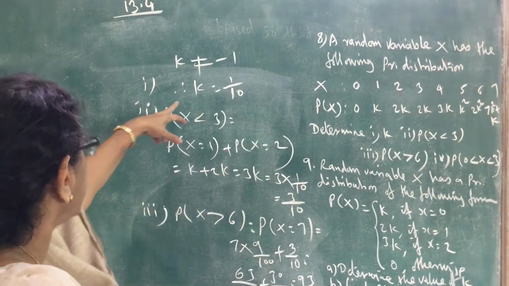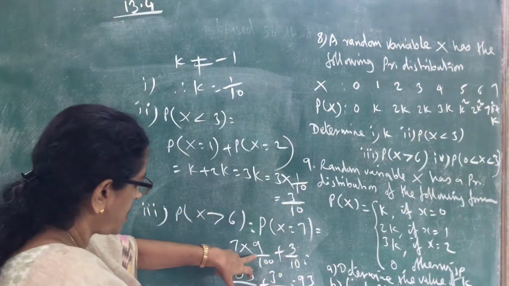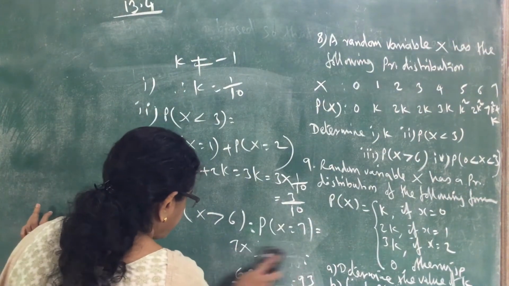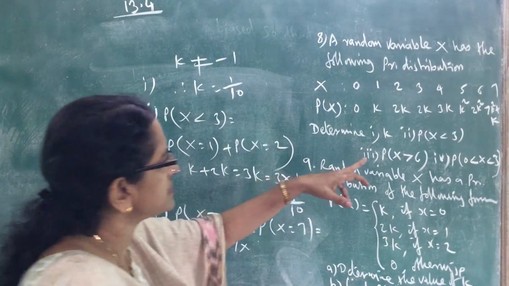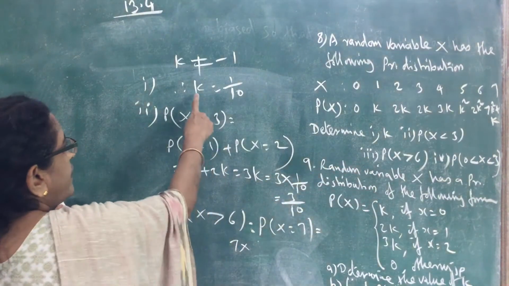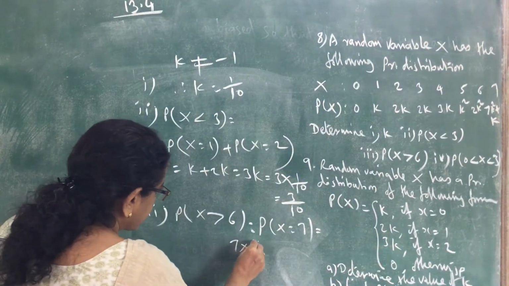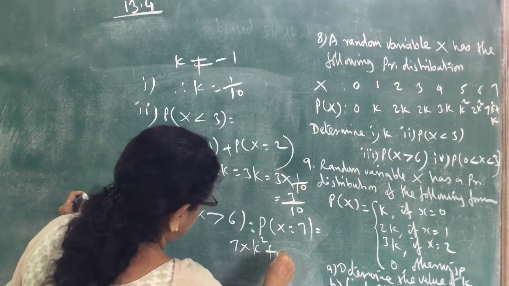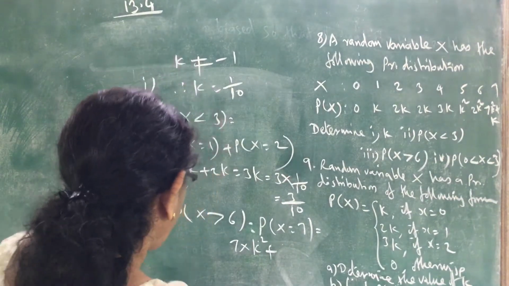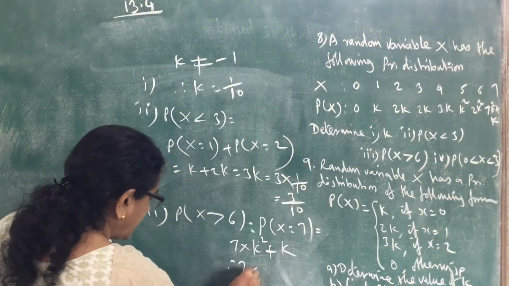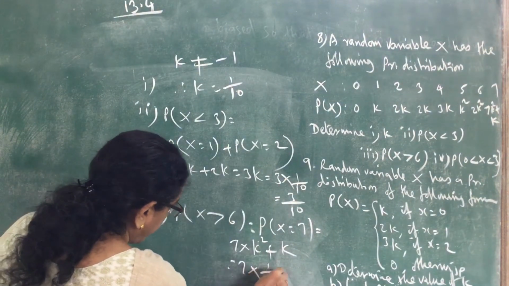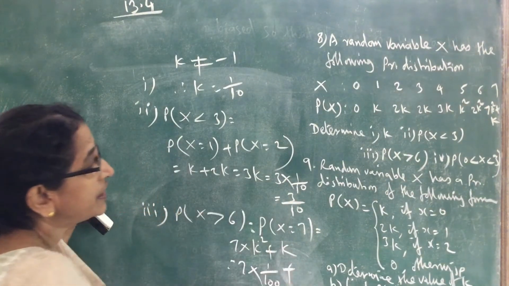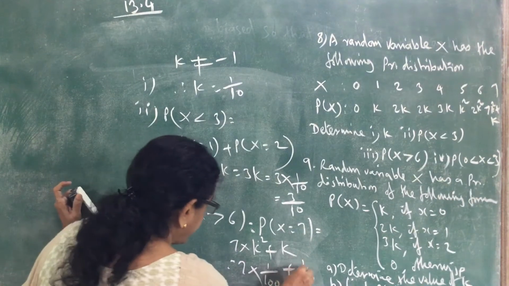Sorry. Here k is 1 by 10. Probability that x equal to 7 is 7k square plus k. Value of k is 1 by 10. So 7 into k square, that is 1 by 10 square, that is 1 by 100, plus k, which is 1 by 10.